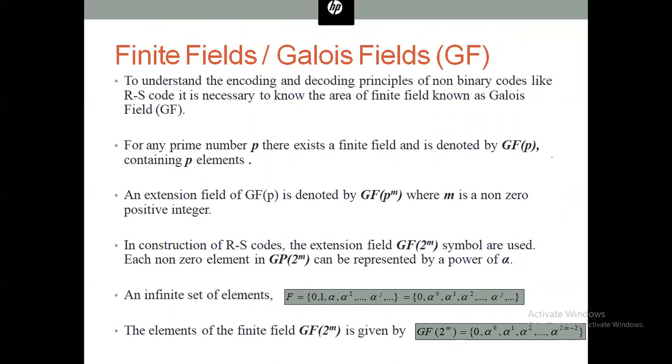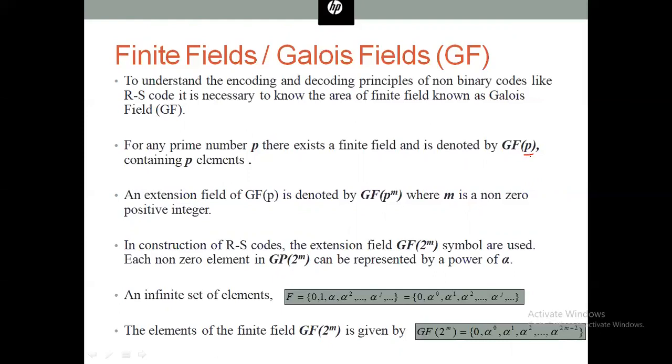To learn the RS codes, first we should know the property of Galois field. A Galois field is a finite field comprising any prime number p, and it has p number of elements.